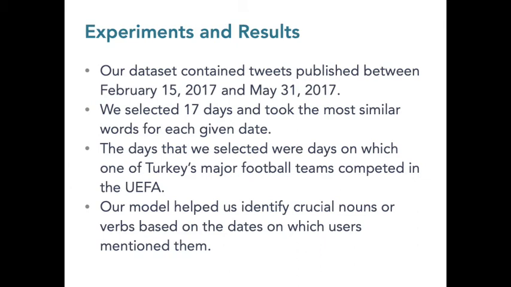The dates that we selected were days on which one of Turkey's major football teams competed in the UEFA. And our model helped us identify the closest words, which in this case were the crucial nouns, verbs, and even hashtags based on the dates on which users mentioned them. So the nouns, verbs, and hashtags that we found were the event triggers that we mentioned earlier.